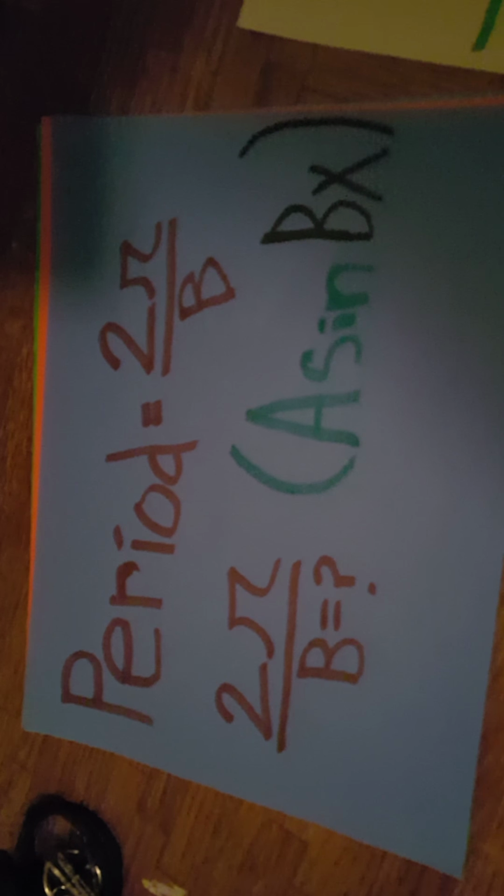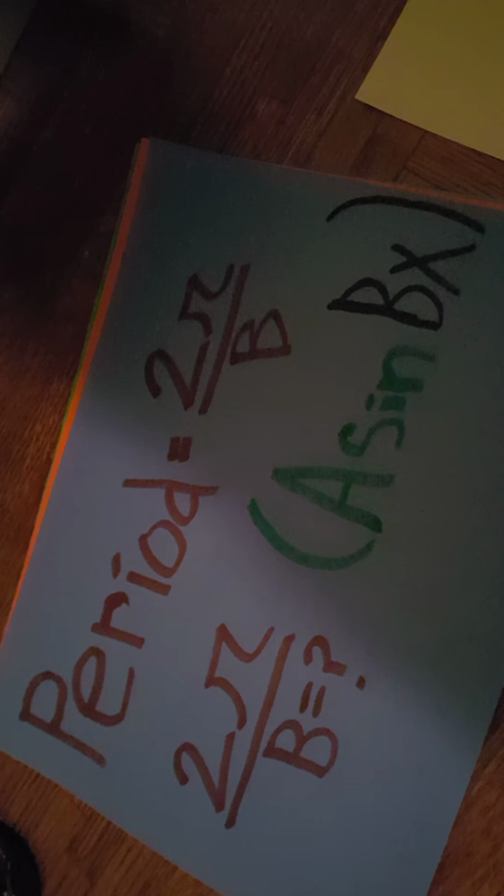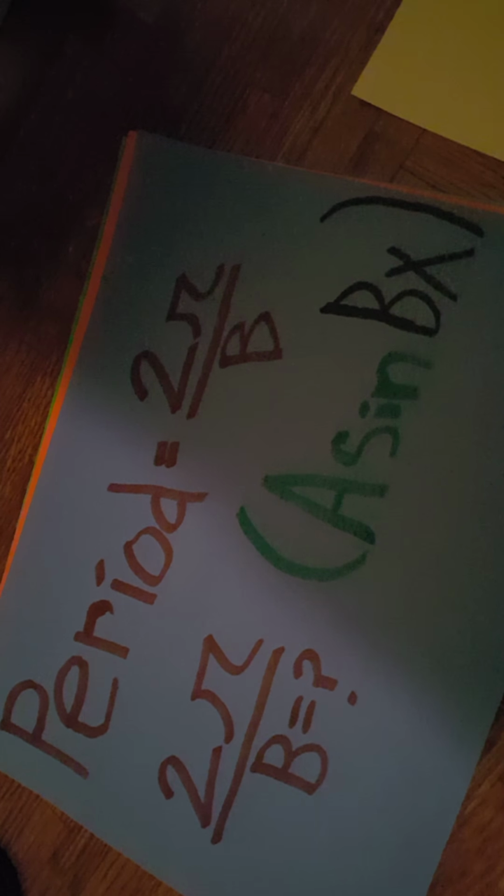Our period. Period is the time it takes for the graph to, let's say, go from here to here. This is one full period, okay? And that's what this is going to help us find. So we have 2 pi over b.